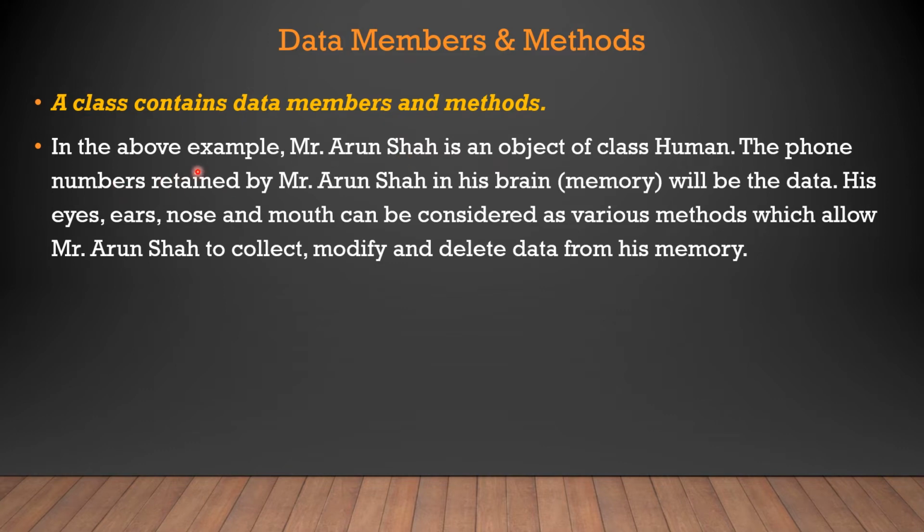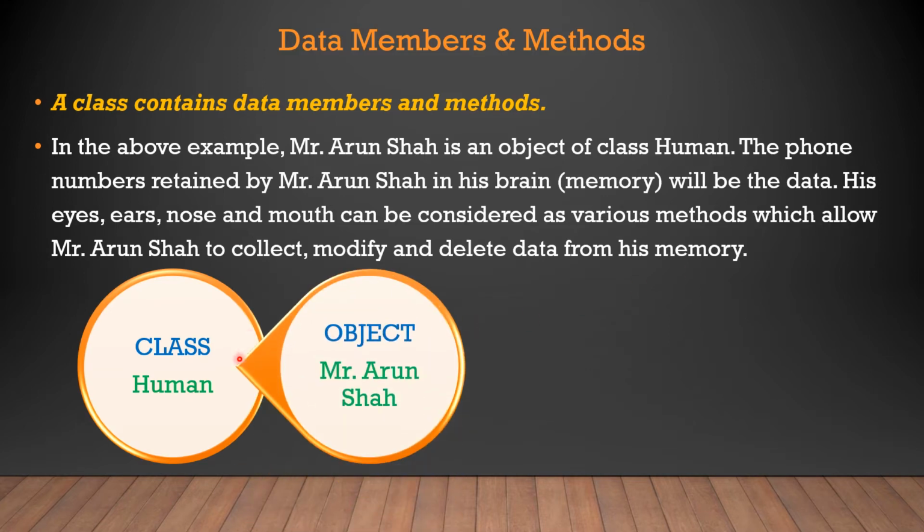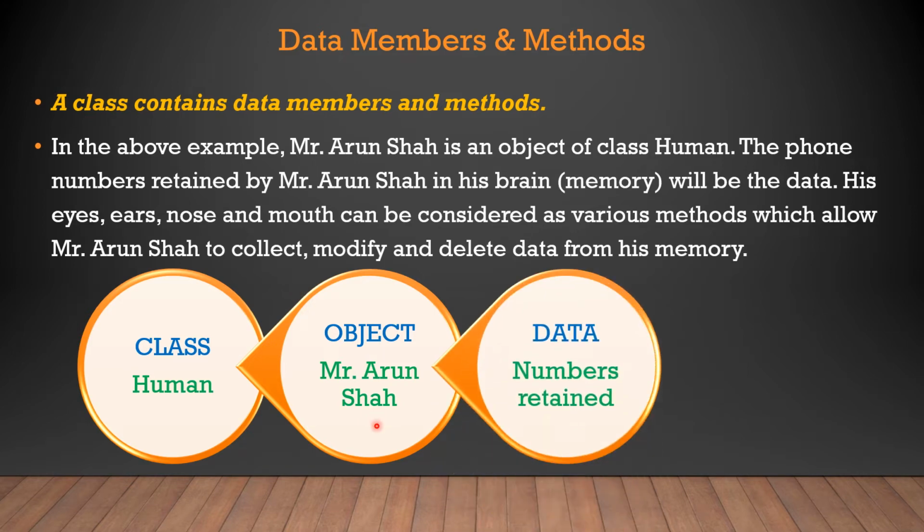First of all, let us talk about the hypothetical example that we had just taken to clearly understand these concepts. We took the class as human and we took an object Mr. Arun Shah. Now, what will be the data? Basically, data is anything that the brain or the memory is processing.